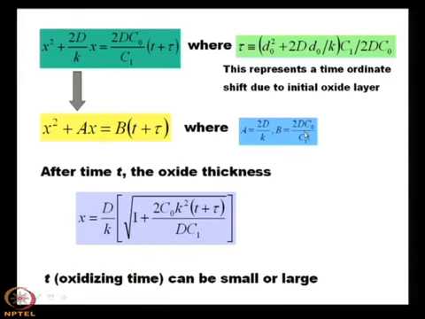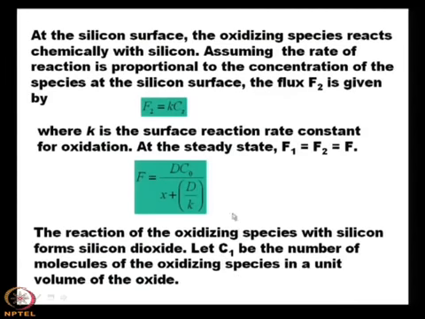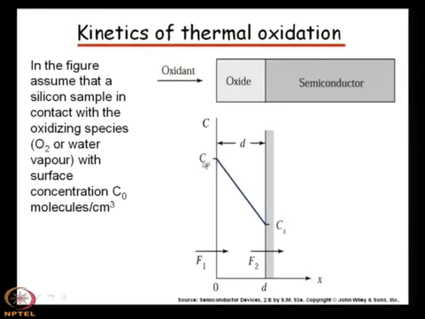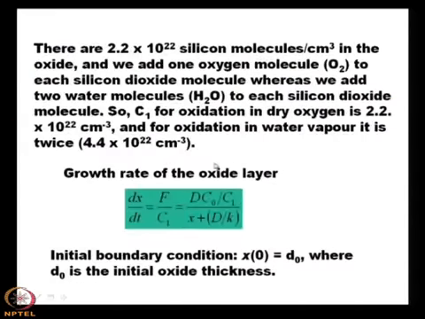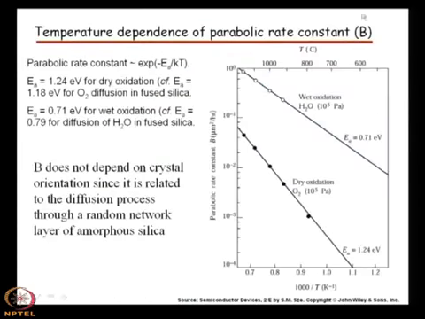What are C0 and C1? C1 is the number of molecules of the oxidizing species in a unit volume, and C0 is the oxidizing species at the surface. So, C0 and C1 we understand, and from that we can know B, the parabolic rate constant.